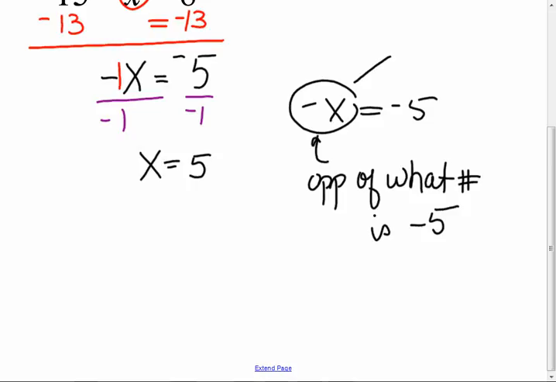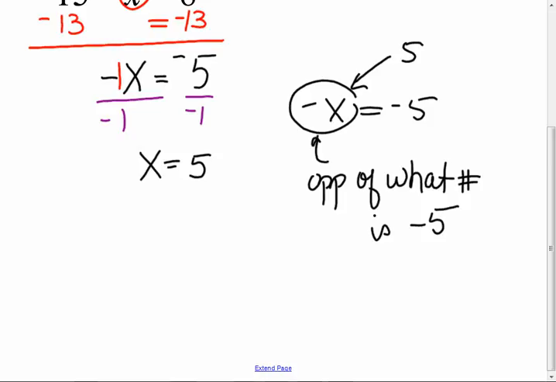What's the only number that makes that work? 5. The opposite of a positive 5 is a negative 5. You have to think a little bit more, but this is a process, this is memorization, this is thinking. This says the opposite of whatever I put in there.